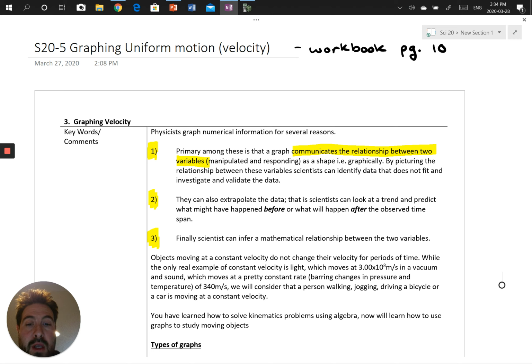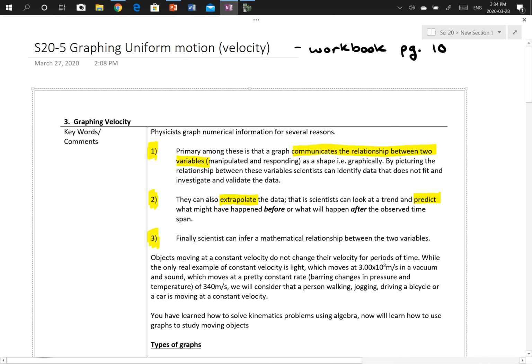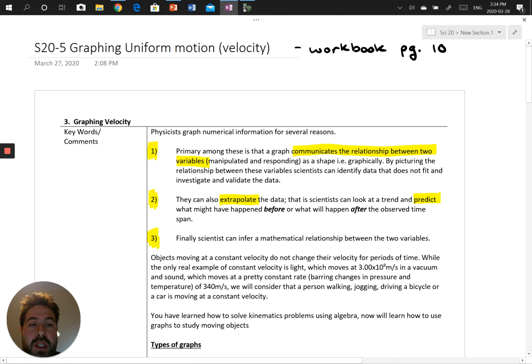Another thing we use graphing for is to make predictions. So we can do what's called extrapolate data, and we can make predictions about things that might have happened before or after we were making observations. And then finally, we can actually take this relationship that we learn about and put it into a mathematical context, into a mathematical expression or an equation.